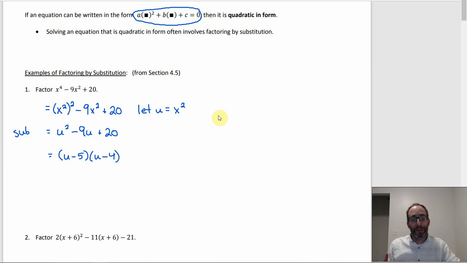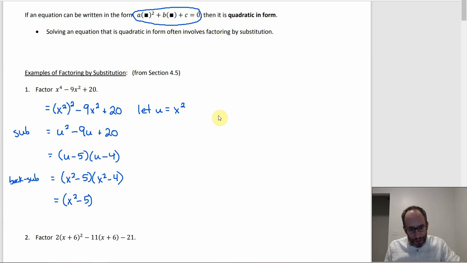And then we want the answer in terms of x, not in terms of u, so we're going to have to back sub. If we do that, we'll have x squared minus 5 times x squared minus 4. The second part of the product, the x squared minus 4, is a difference of squares, so we could factor that as x plus 2 and x minus 2.